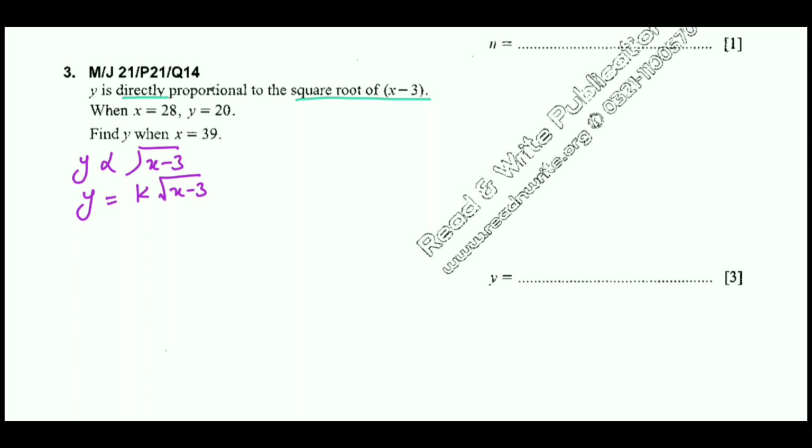Now we will read the second line: when x is equal to 28 and y is equal to 20. So we will use these values to find the value of k.